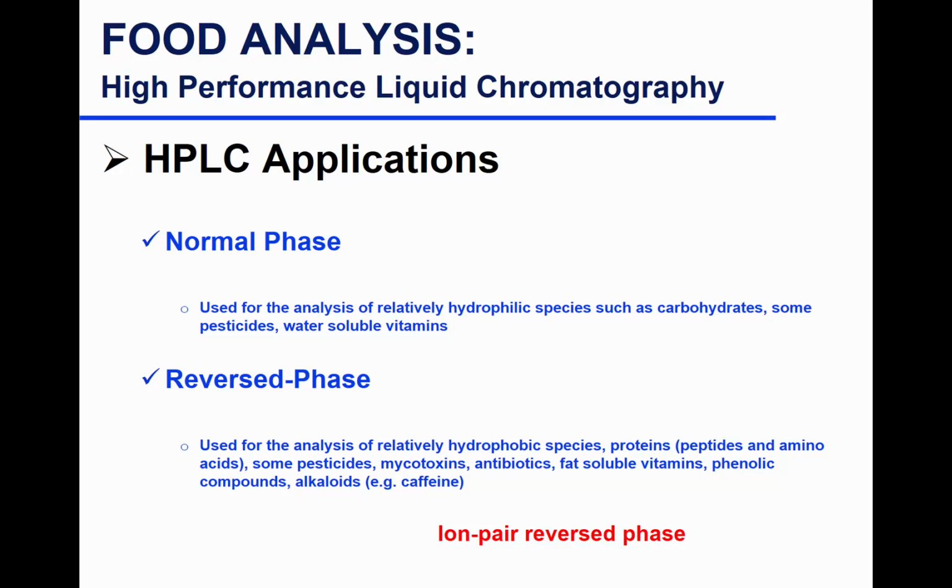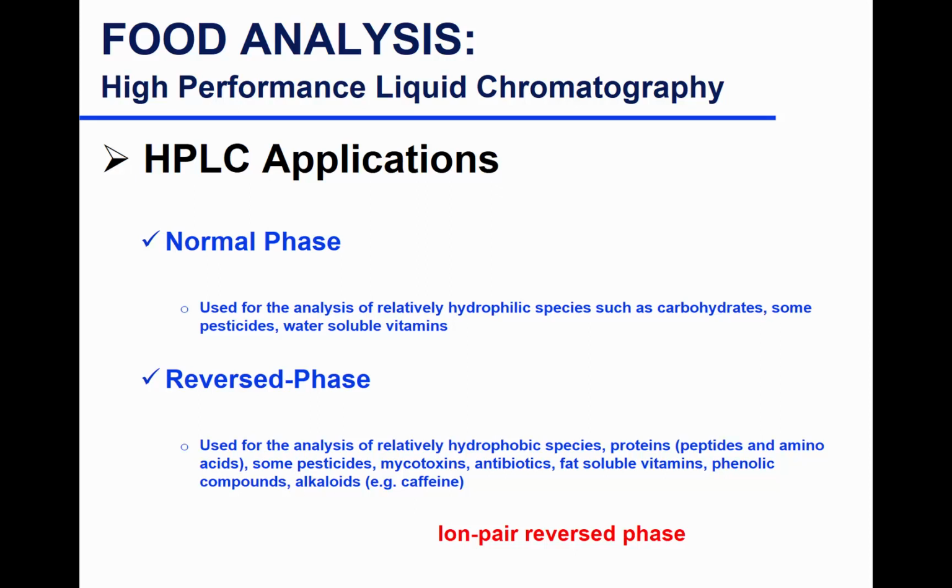Ion pair reverse phase is also a common technique. With ion pair, if you have compounds like peptides, for example, and you want to separate them by reverse phase, some of these peptides can carry charge, so you can add an ion to actually pair with the charge of the protein so that you have a better interaction with the column.